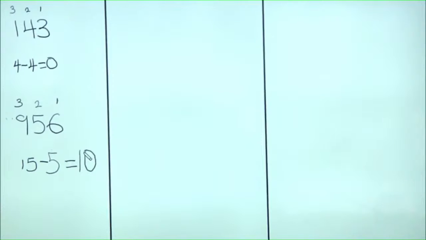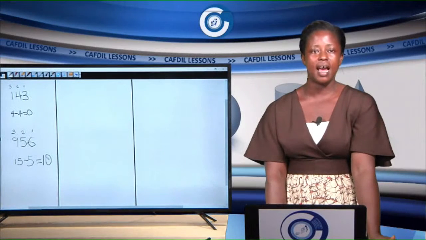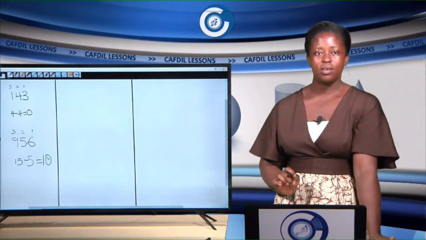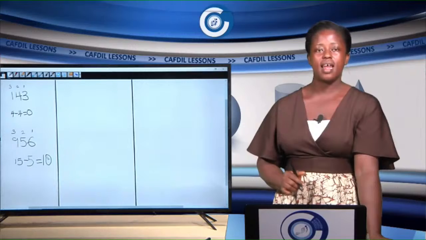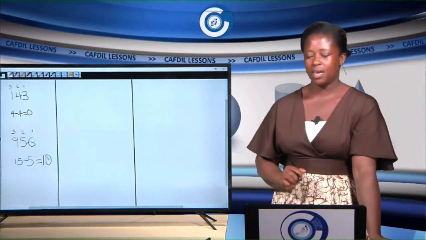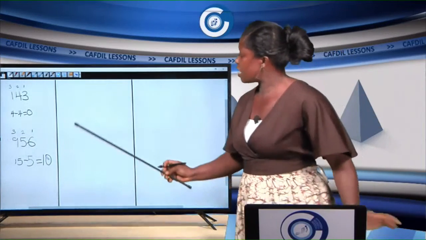Is 10 divisible by 11? No. 10 is not divisible by 11. The rule says when the difference is either 0 or 11 or a number divisible by 11, it means that number is divisible by 11. But let's look at something here.